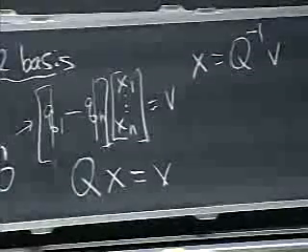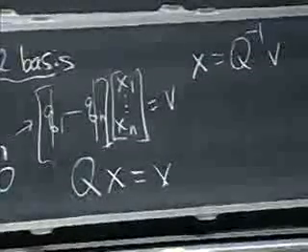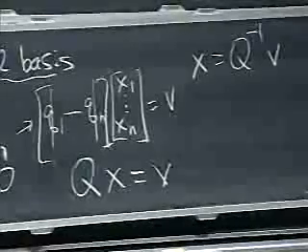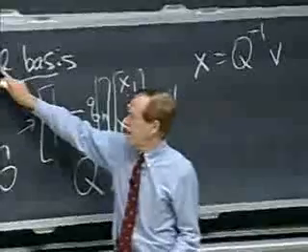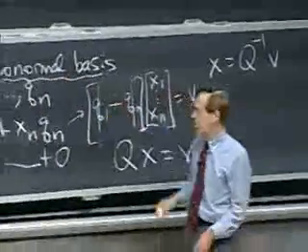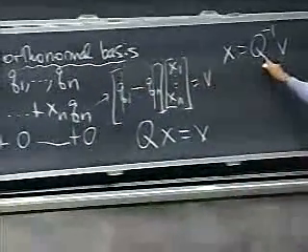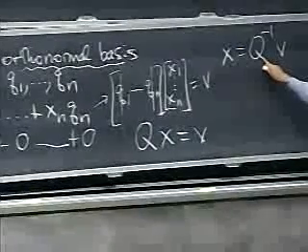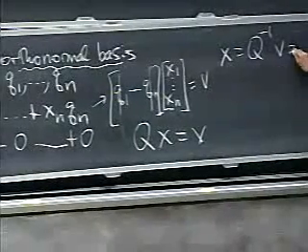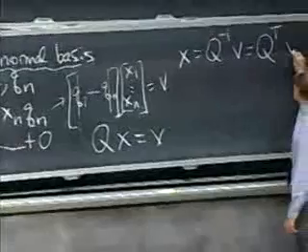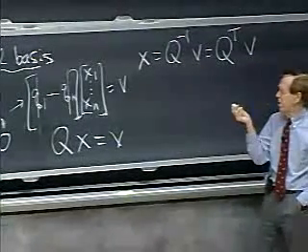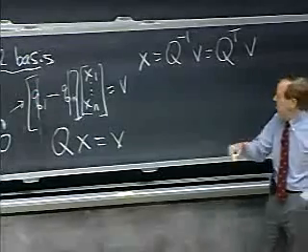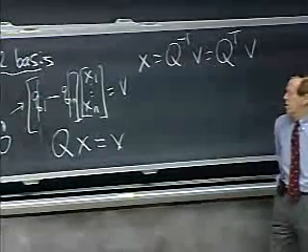Q inverse in this case is simple. I don't have to work to invert this matrix Q, because of the fact that these columns are orthonormal, I know the inverse to that, and it is Q transpose. When you see a Q, a square matrix with that letter Q, that just triggers Q inverse is the same as Q transpose.